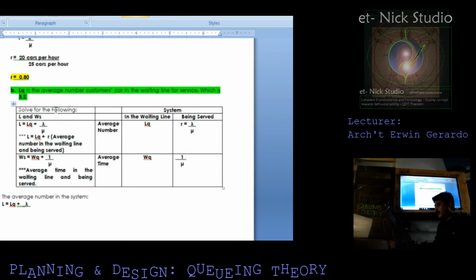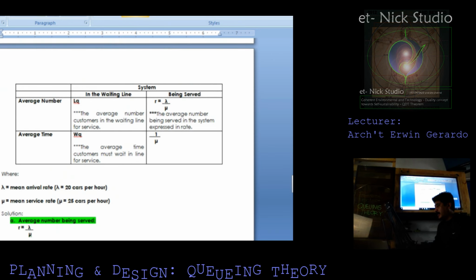So solve for the following: L and WS, where L is equivalent to LQ plus alpha divided by mu. So now in the system, what I have done here is to expound further the formula under this table.